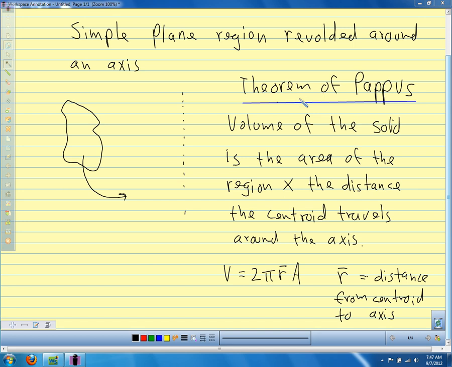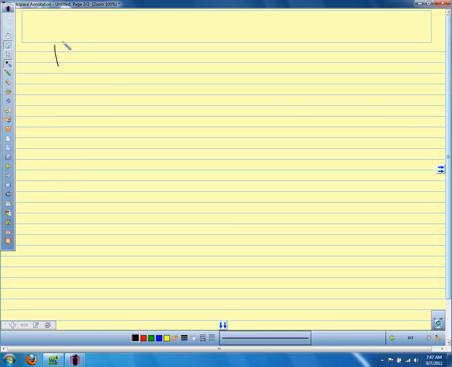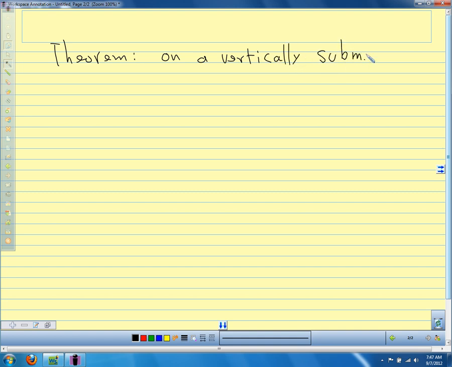The second one has to do with fluid pressure and fluid force. This one doesn't have a fancy name, but our theorem is on a vertically submerged plate, which is what we worked with yesterday.